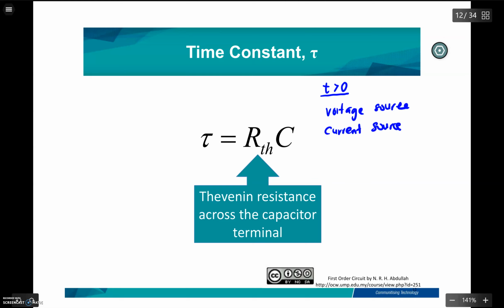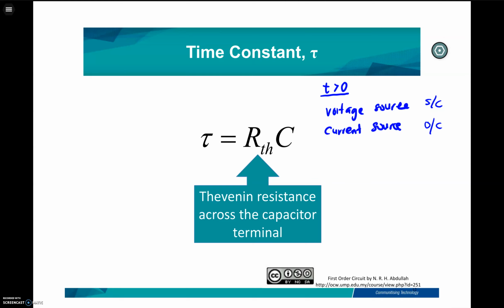You need to apply the concept of Thevenin in order to find the R equivalent from the capacitor side, which is you need to terminate the voltage source by short circuit and terminate the current source by open circuit, and then the circuit will be left with only resistors.